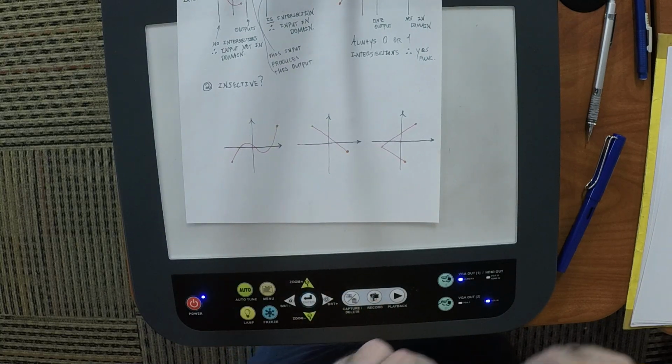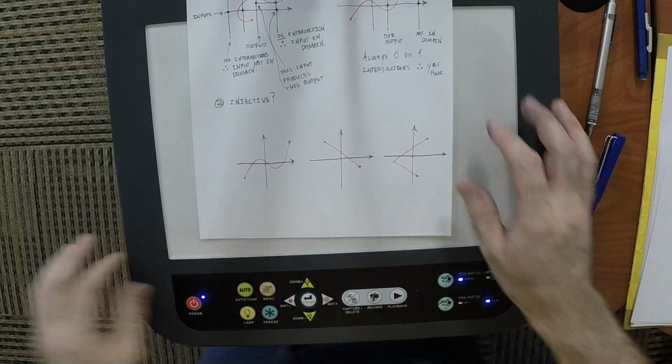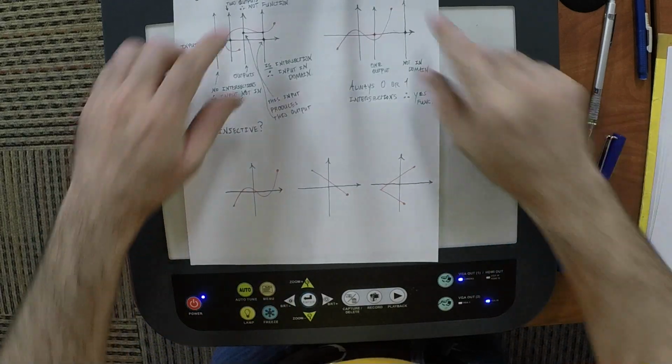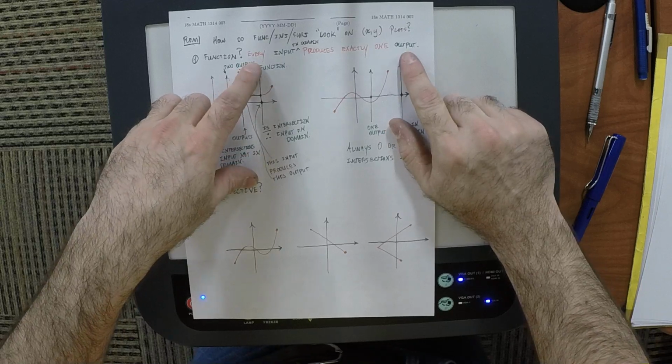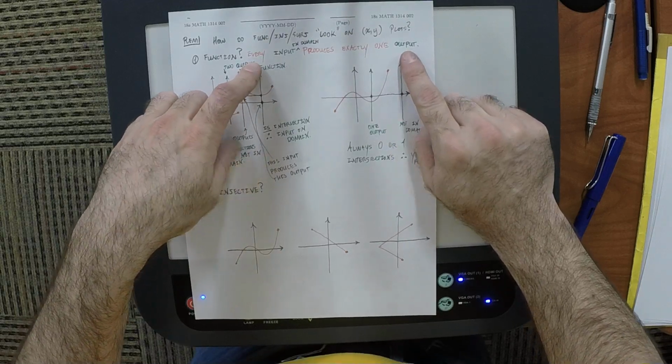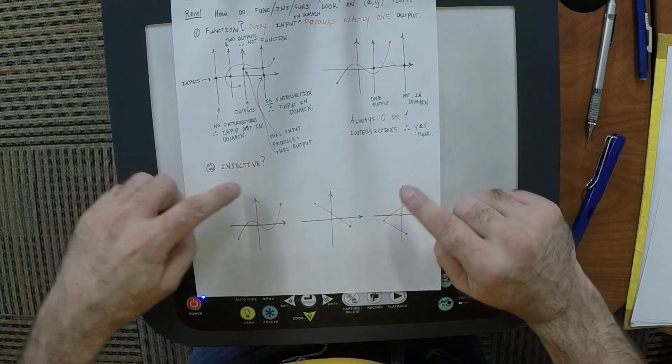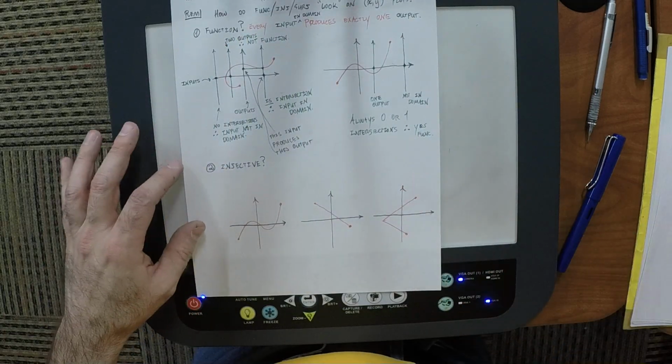Is it injective? So, in terms of inputs and outputs, just like we wrote this phrase here, every input in the domain produces exactly one output. What is the correct phrase for injective?